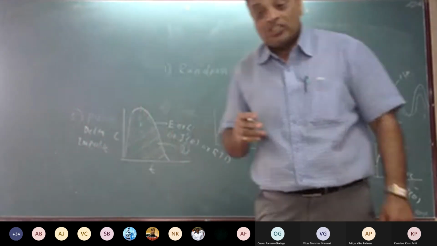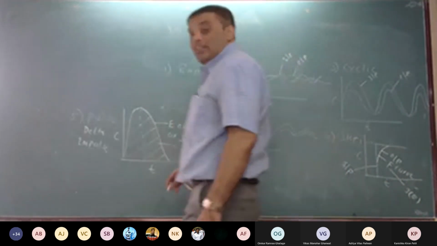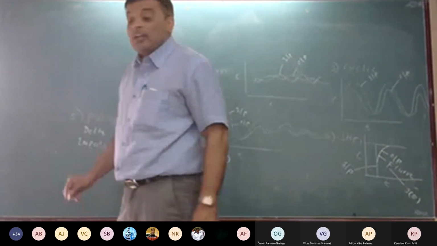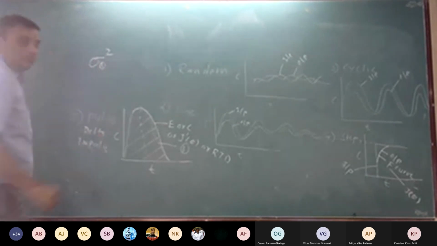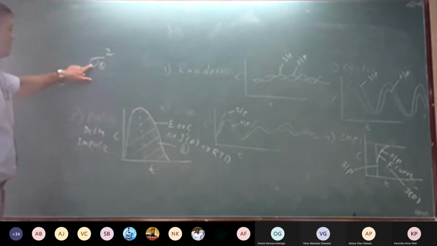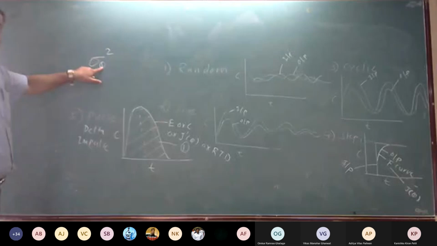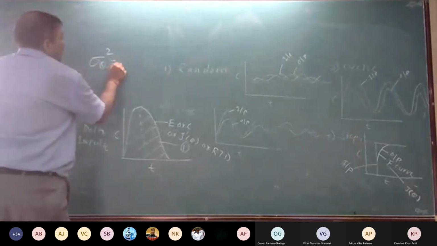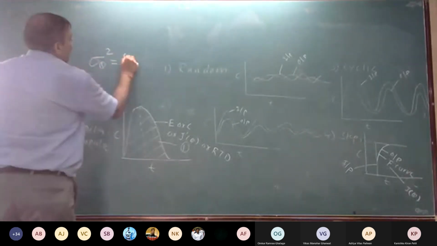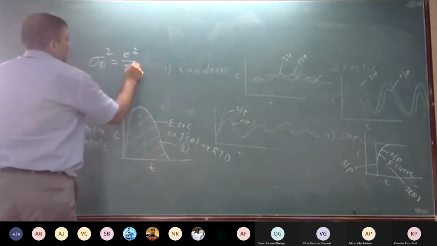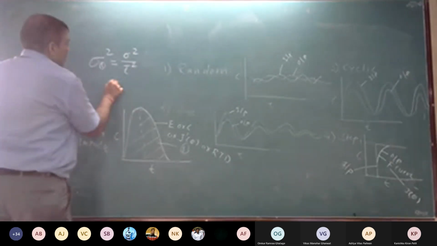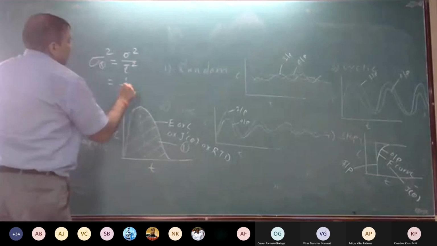The other three methods are for your higher education. Lastly, I told you about dimensionless spread: sigma square theta equals sigma square divided by t bar square, which is equal to 1 upon n.